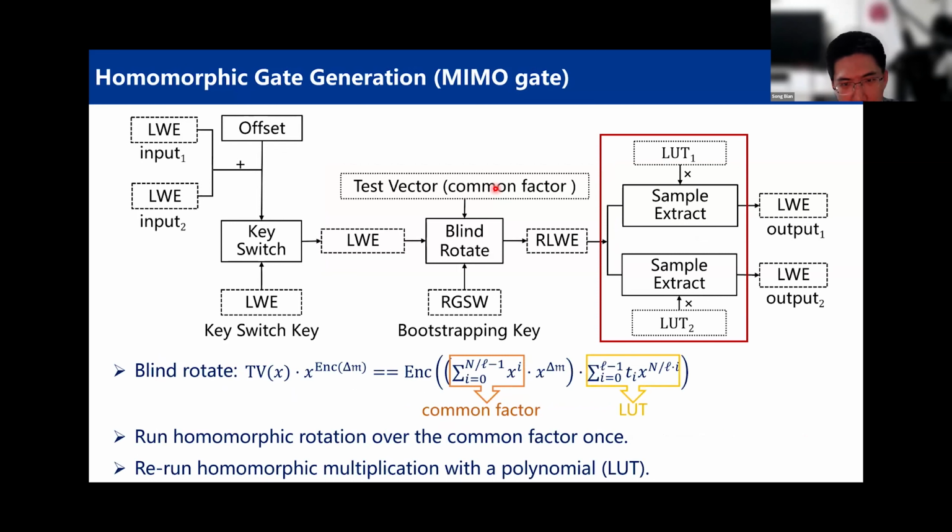The other thing is multi-output. When two gates share the same input, you can avoid doing the blind rotate again and just use this multi-output technique. These are known techniques, and we didn't invent them, but we adapted them to the case of circuits.